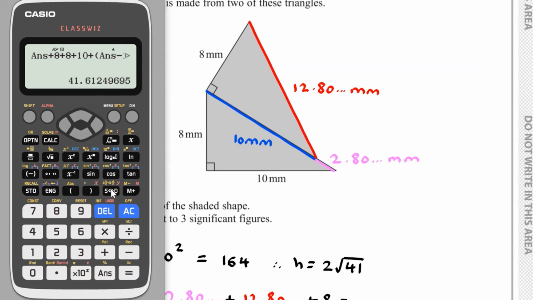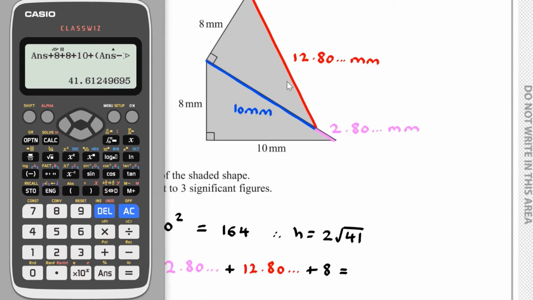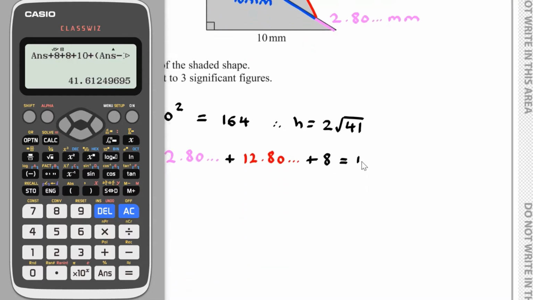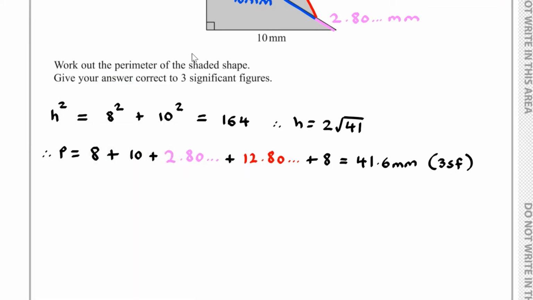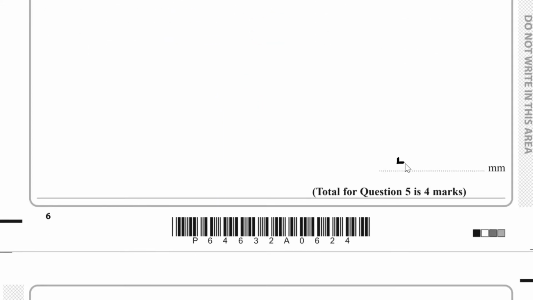And if I work this out, it turns out we get 41.6 millimeters given to 3 significant figures.